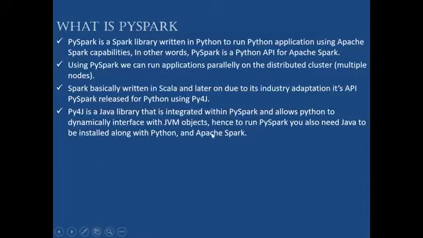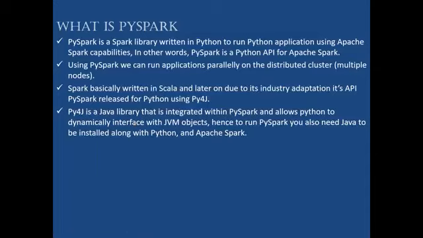Even though you are writing PySpark code completely in Python syntax, you still need Java, because ultimately this Python code should be converted into Java objects. For that, we use the Py4j library. It's a Java library which converts your Python logic into Java objects. Understood?